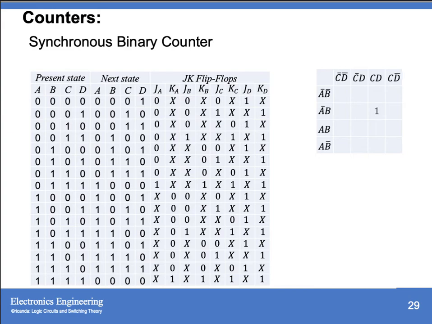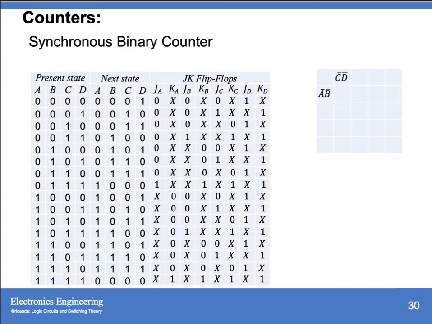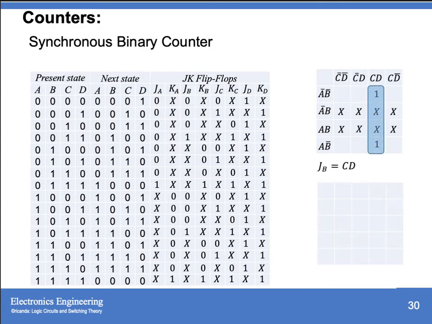So getting the equation of your JA as well as your KA. Then for your B flip-flop or BFF, we have your JB as well as your KB.